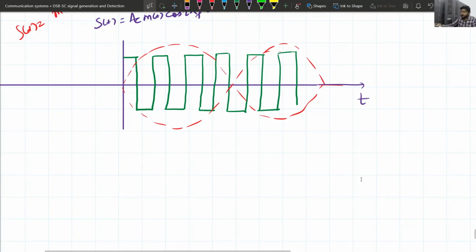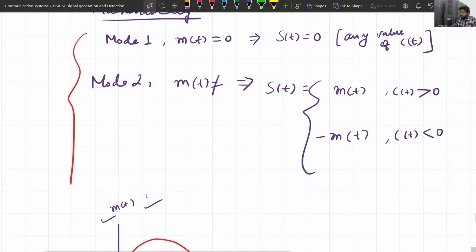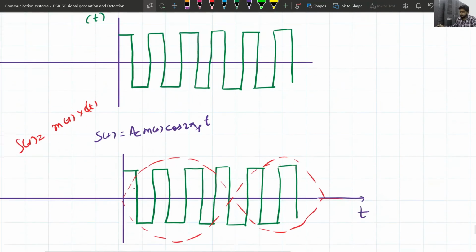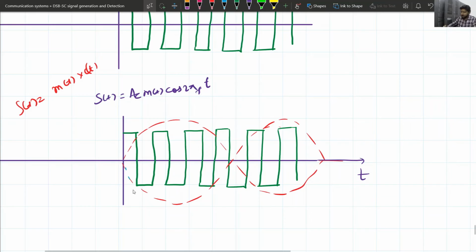Then what we have observed is that if CT is greater than 0, then we will get the plus MT, and when CT less than 0, it will be minus MT. So as we see, this portion is minus MT, and this is plus MT.